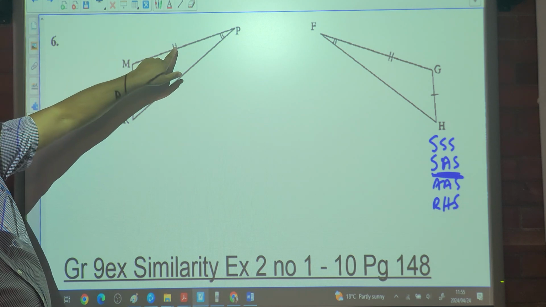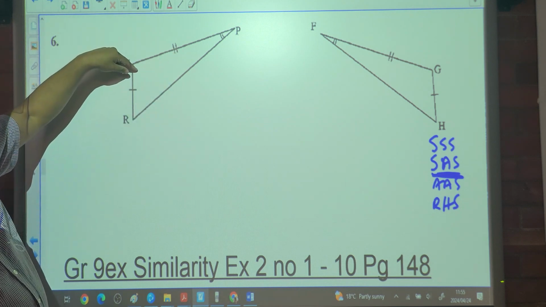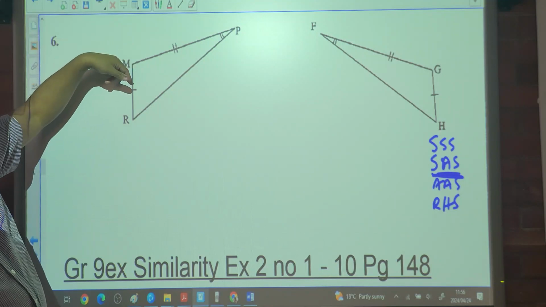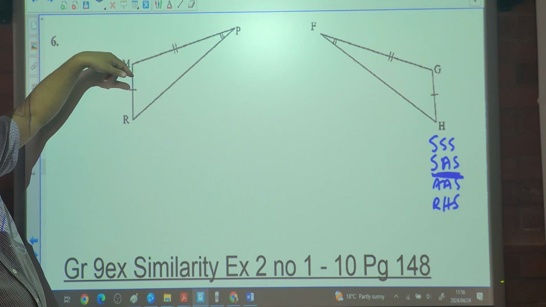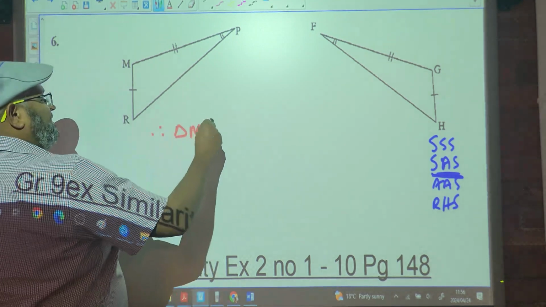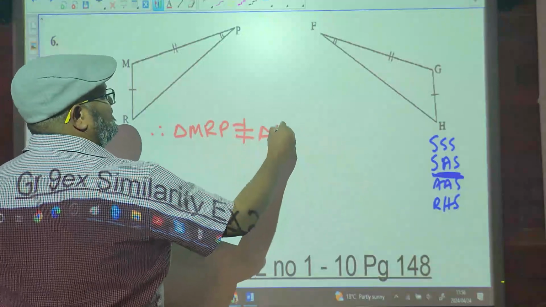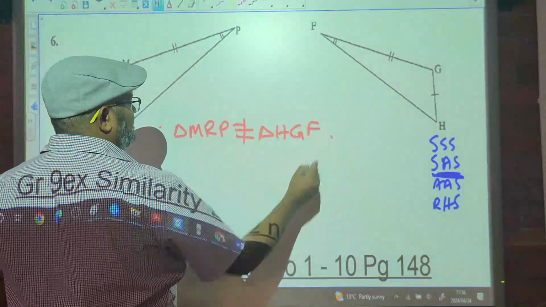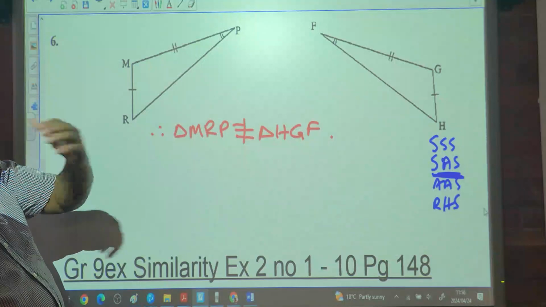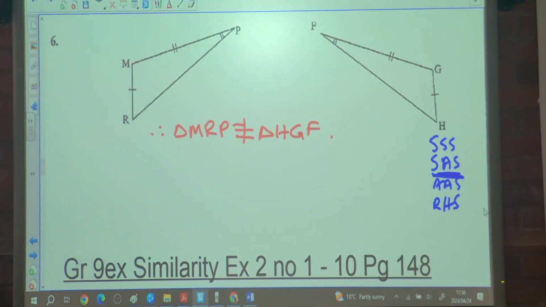Here we go. You see, she's going to say side angle side, but angle M is not known to us. It is not the included angle. Can you see that, people? So therefore, triangle MRP is not congruent to HGF. Does order matter now? No. Why? Because not enough information is given. So we can make the note that it is not the included angle.